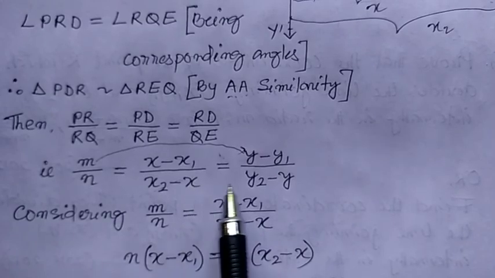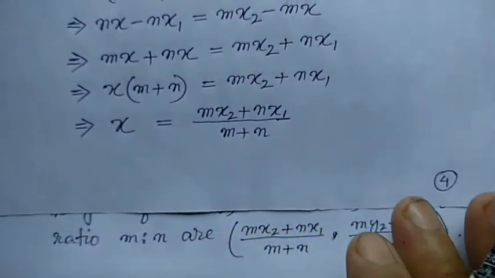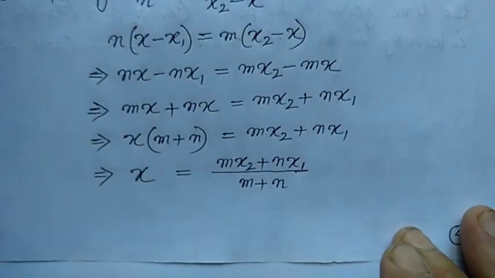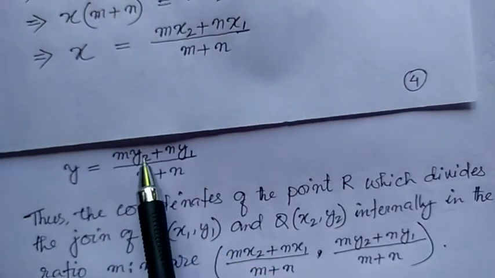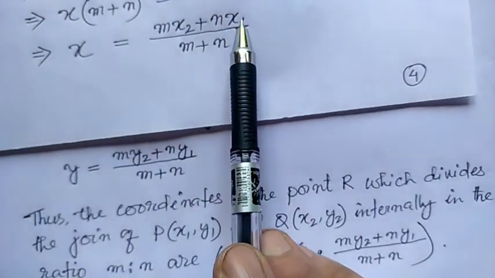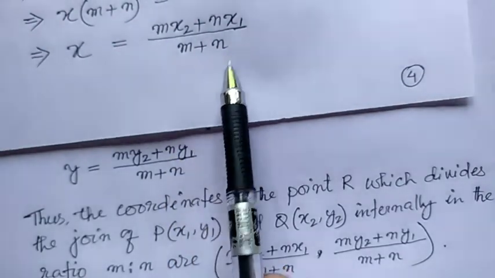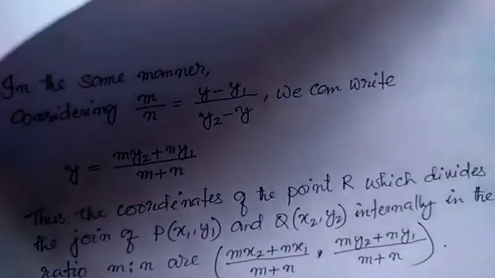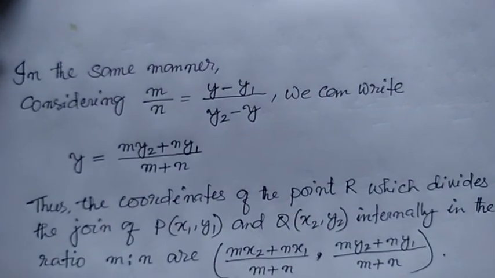So we can simply replace x by y, x1 by y1, x2 by y2. Then in case of x we have mx2, then for y it will be my2, then nx1, in that place it will be ny1, m plus n, same thing. So we don't need to calculate again to get this y. We can simply get this relation.